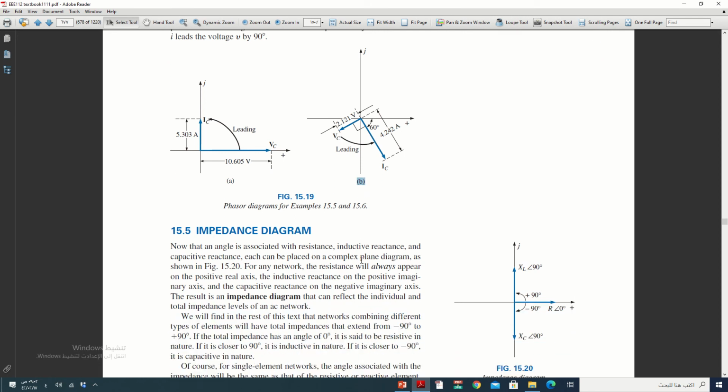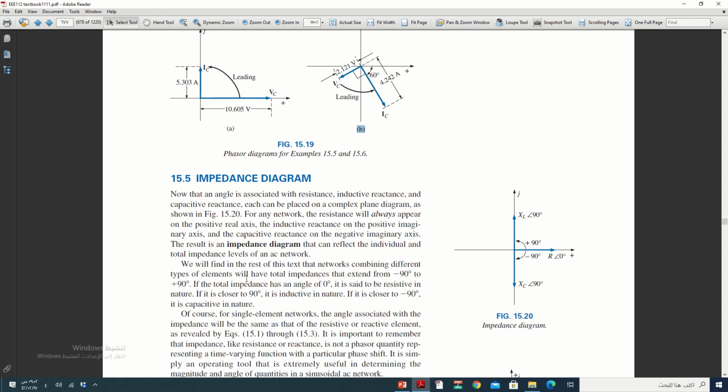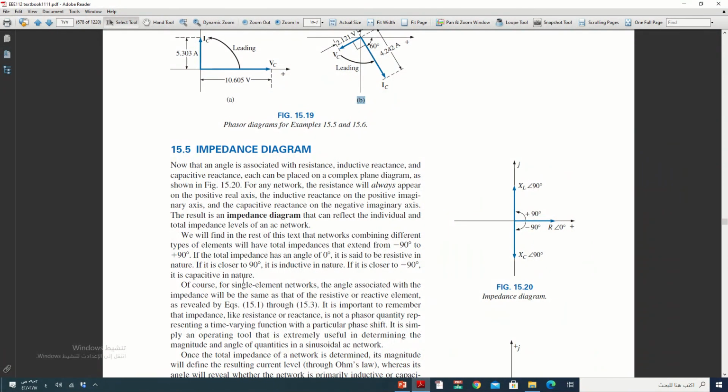Let us start now with the impedance diagram. Impedance diagram, impedance which is ZR, ZL, ZC. Okay, we can draw an impedance diagram similar to a phasor diagram.